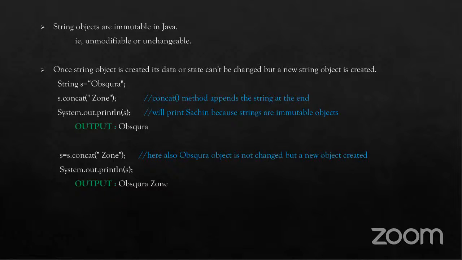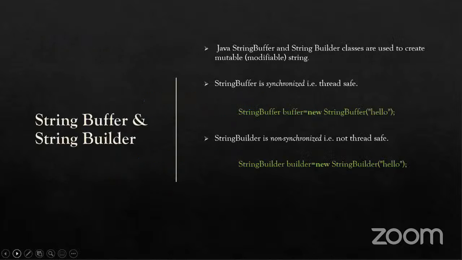So how do we create a mutable string, that is a changeable string? For that we have the StringBuilder and StringBuffer classes. Both are built-in classes in the java.lang package.